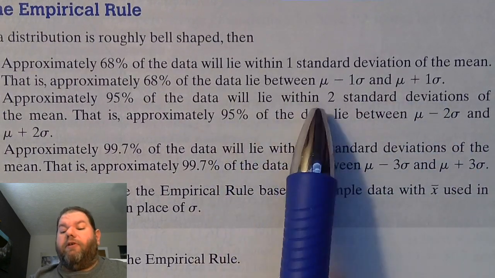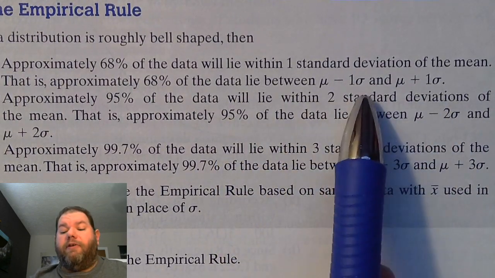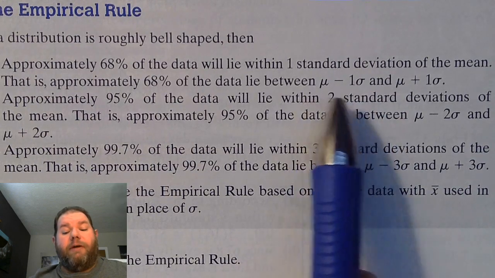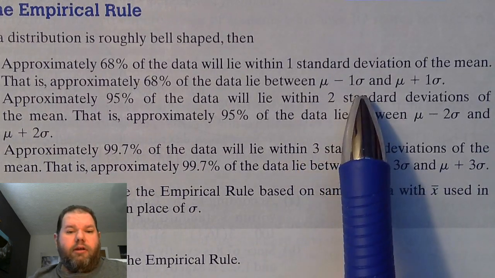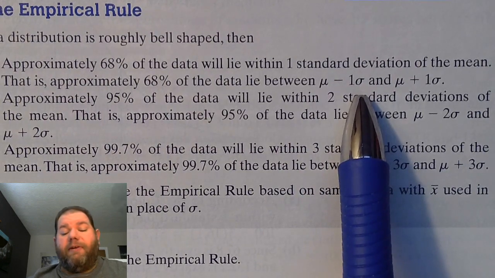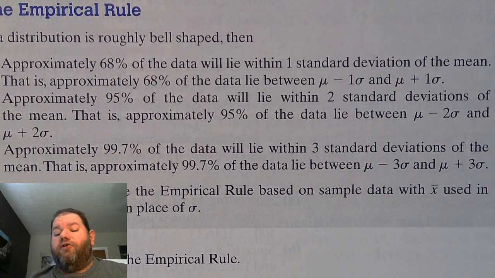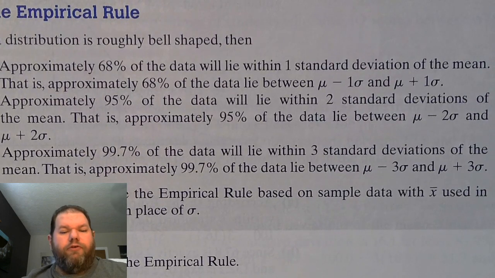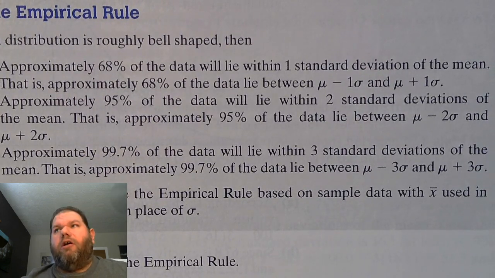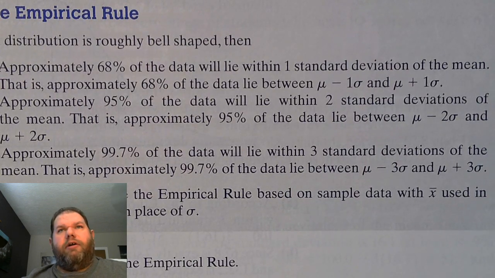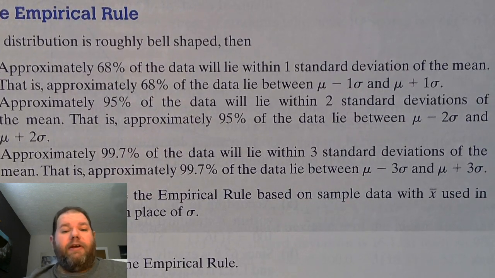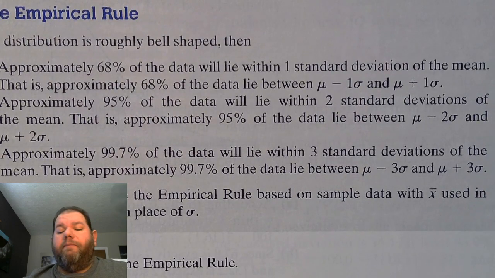Now again, here we're using mu as the mean and sigma as the standard deviation because we're talking about a population. We could also say x bar and s instead if we're talking about a sample. But usually the empirical rule refers to the population as a whole, although we can apply a lot of its principles to samples if the sample size is large enough.